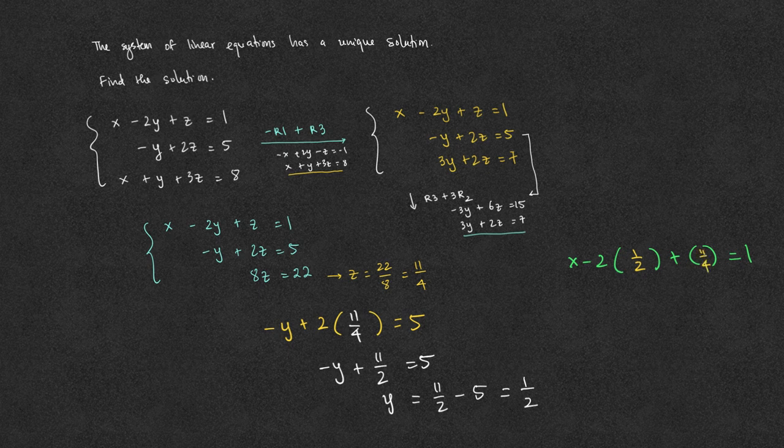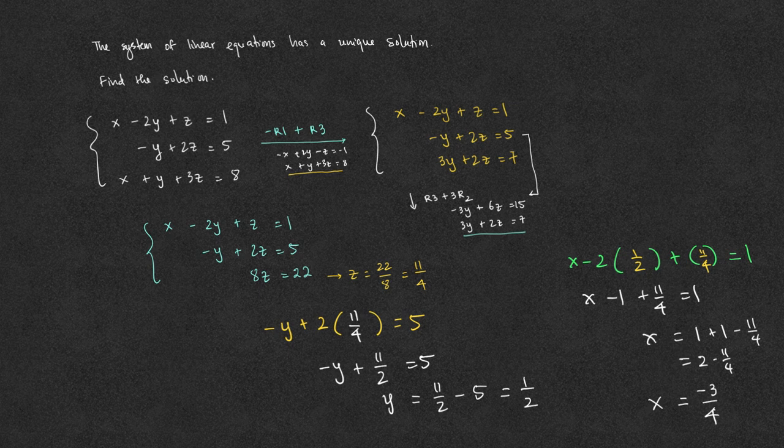Simplifying this, we have x minus 1 plus 11 over 4 equals 1. So x equals 1 plus 1 minus 11 over 4. This is 2 minus 11 over 4, or 8 over 4 minus 11 over 4, which is negative 3 over 4.